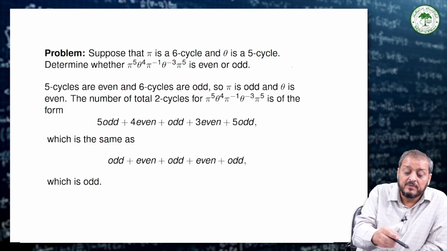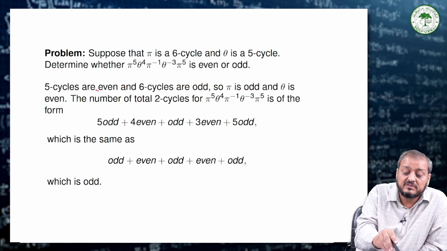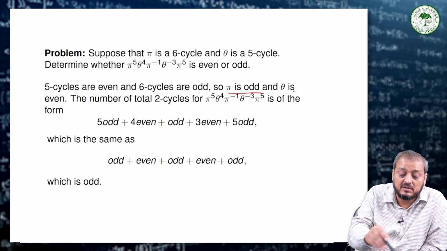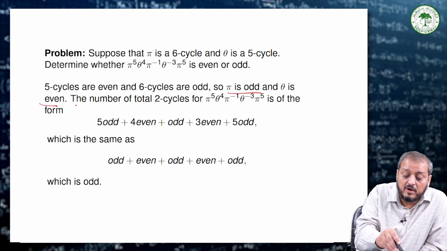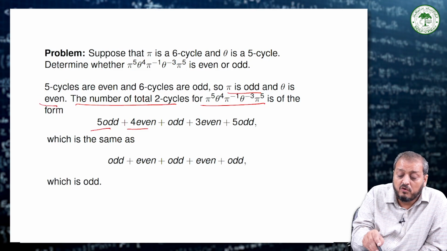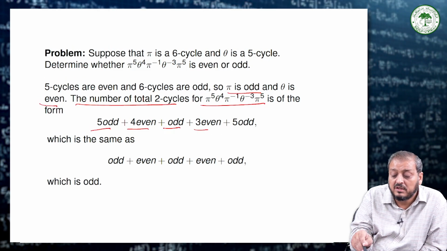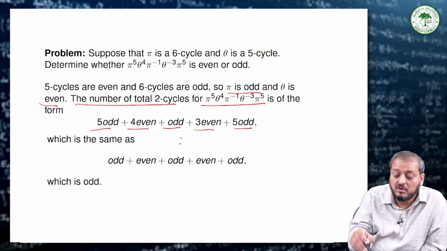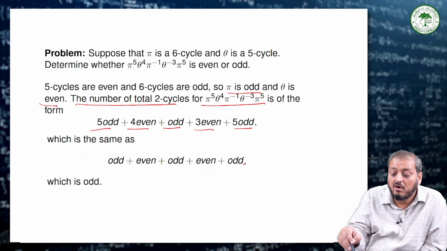Similarly, we just take it like this: 5-cycles are even and 6-cycles are odd. So pi is odd and theta is even. The parities of the factors are of the form 5 odd, 4 even, 3 odd, 3 even, 5 odd. So this is the same as odd, even, odd, even, odd.